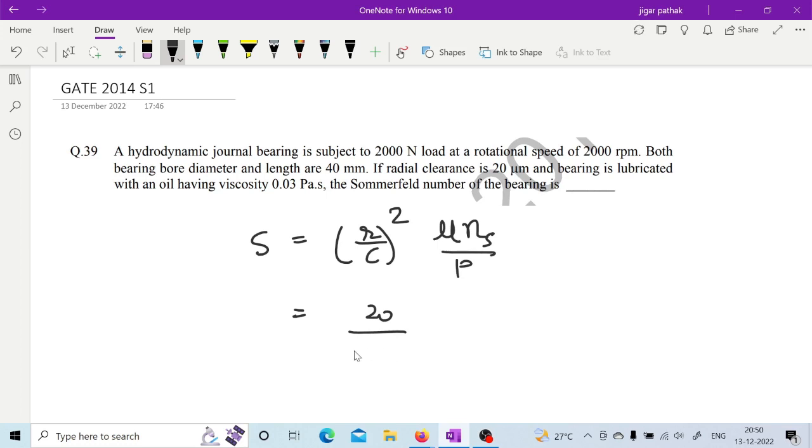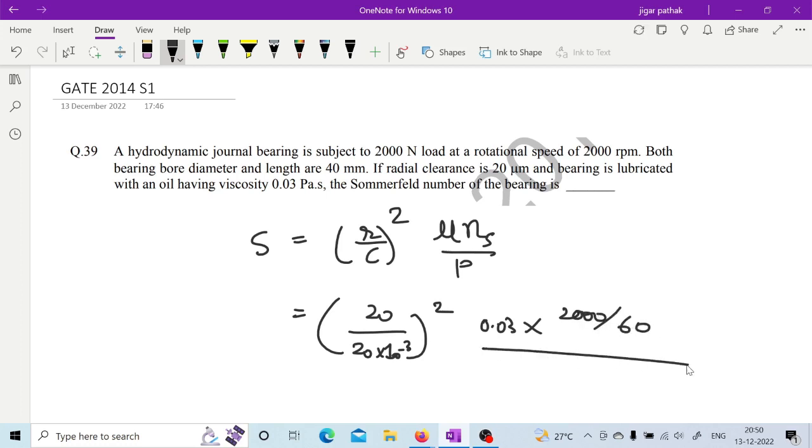Then clearance is 20 micron, so 20 into 10 raised to minus 3 mm. Then mu is 0.03. Then here the speed must be in seconds, so it is 2000 divided by 60 because it is given in revolutions per minute.